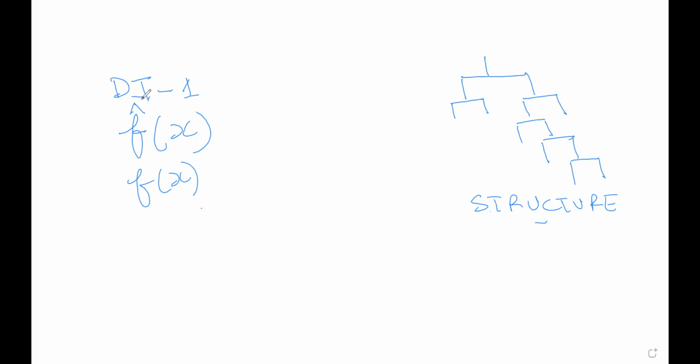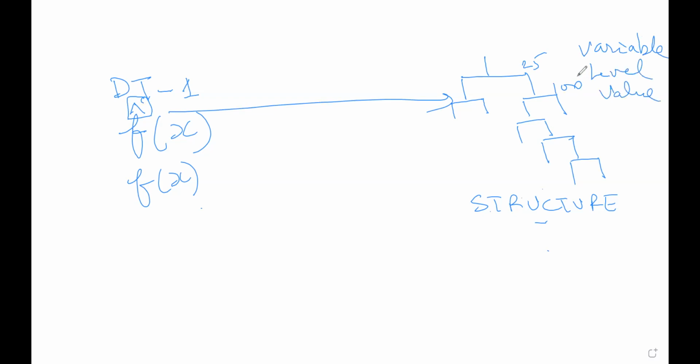So I am calling it fx cap because in this case, I know this is how the decision tree looks like. So I know it splits at 25, then it splits at say 100, and which variable and the level or the value, depending on categorical or continuous, is known to me, right?